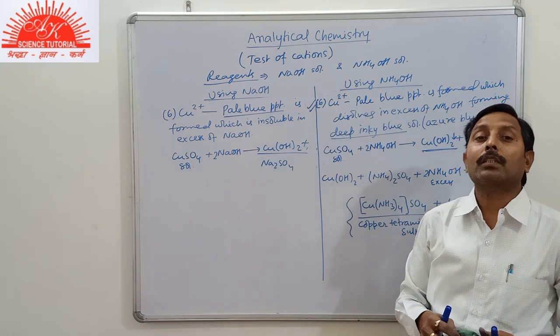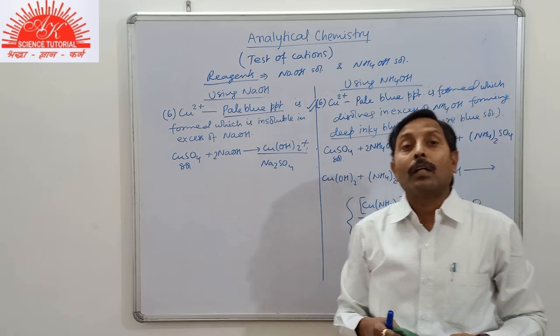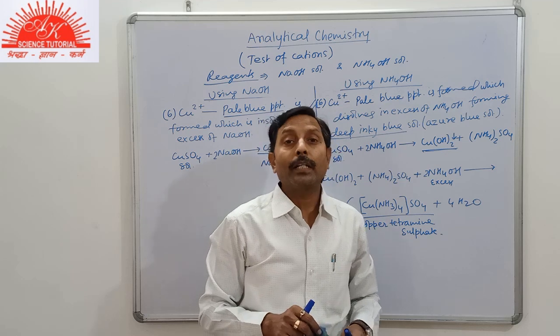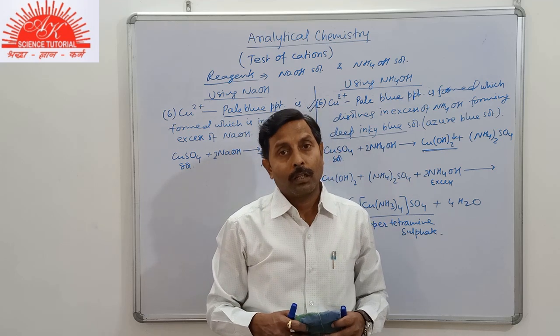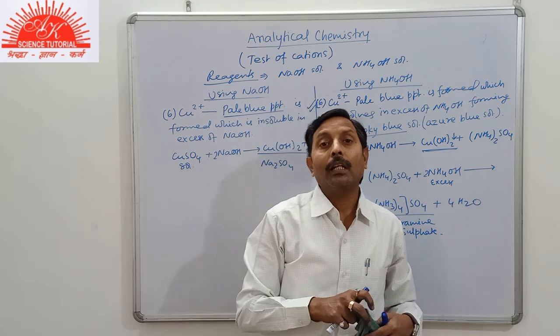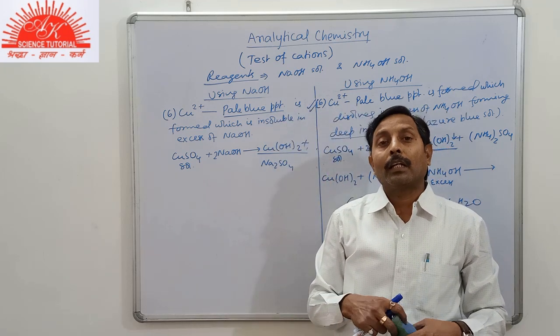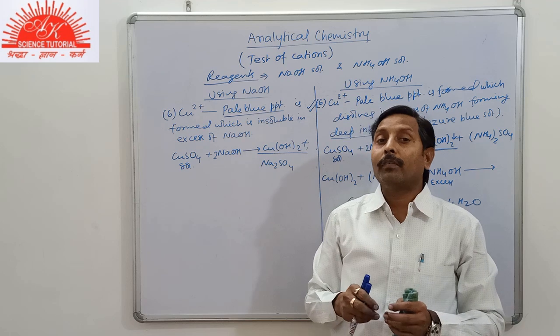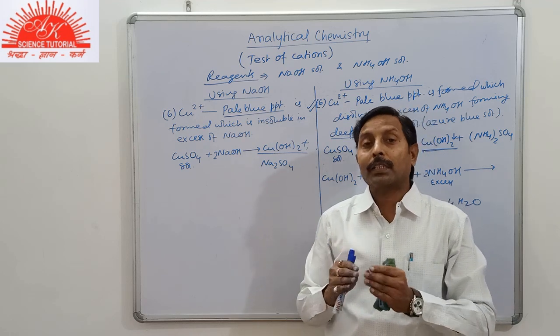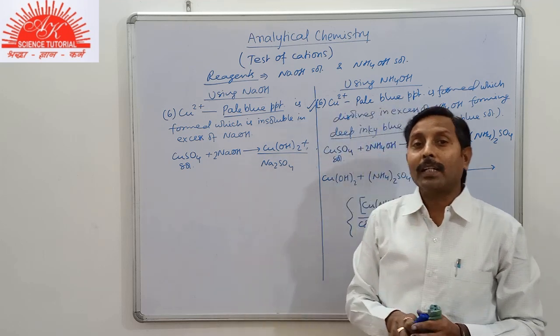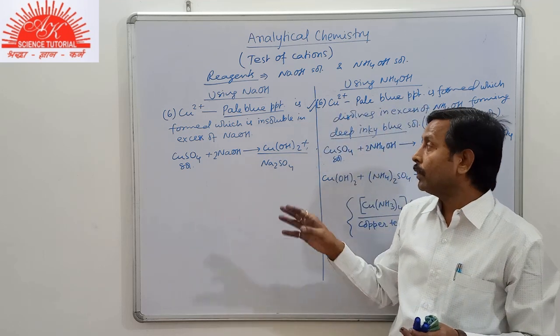Now, students, you are now able to find out the cations present in the given salt. It will help you in practical, it will help you in identifying the cation in the given salt, and you will be able to answer different observation and objective questions also. Clear? Students, I think it is quite clear to you.